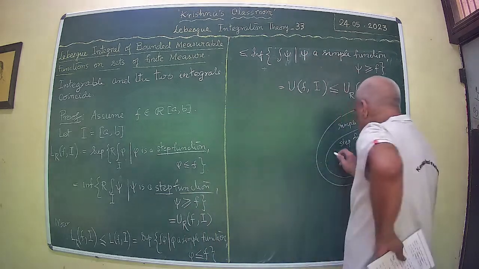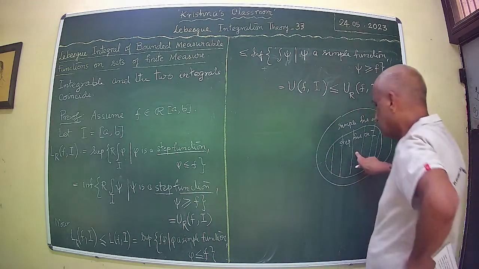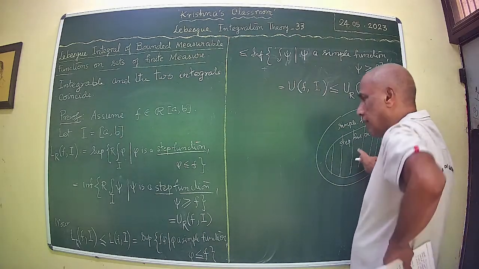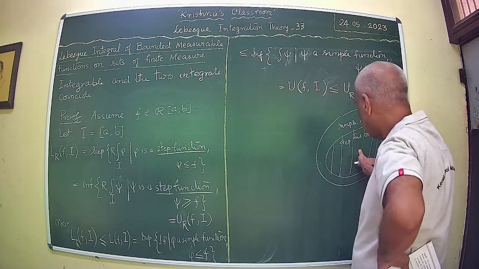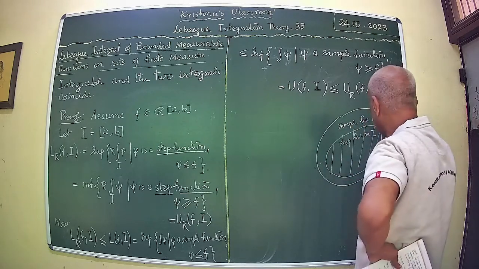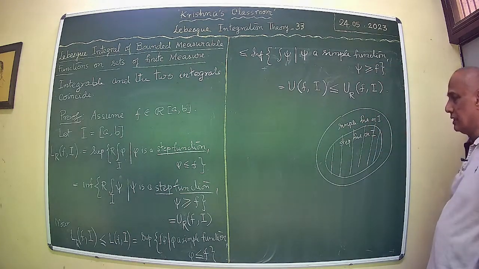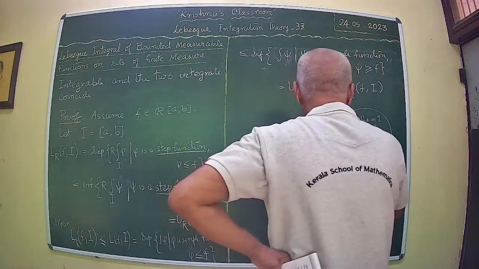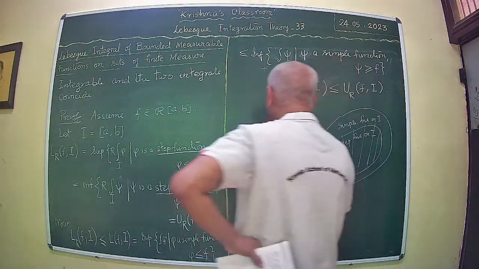Now, what happens here? This is a smaller collection, and we are taking the supremum over a smaller collection when we do this Riemann integral. And when we do this over a larger collection, the supremum is likely to be larger. That's why you get this inequality.